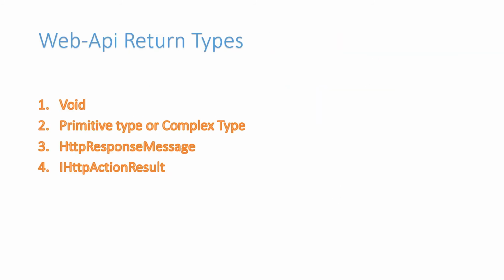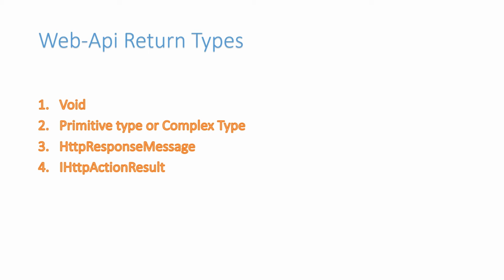And when it comes to primitive or complex, in our previous slide we have seen that primitive is nothing but string, int, bool. These are all primitive data types.